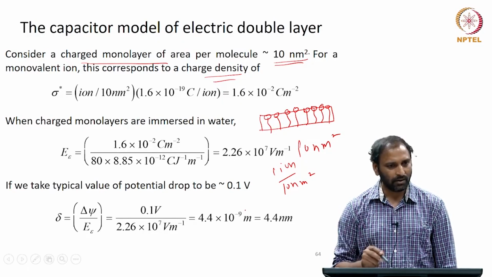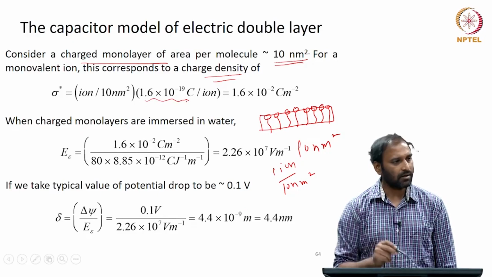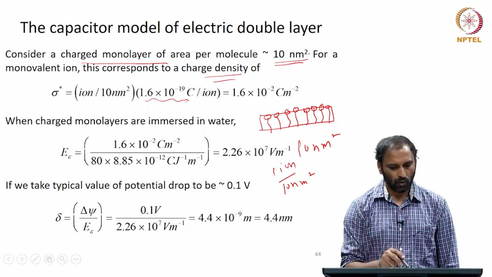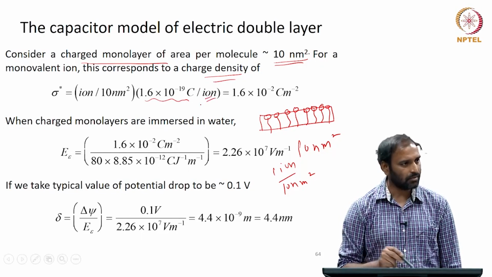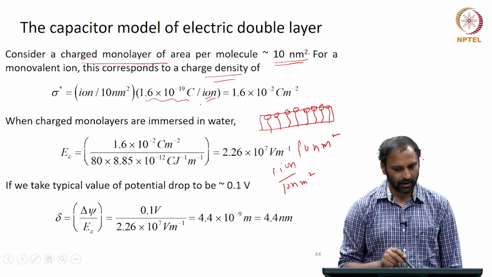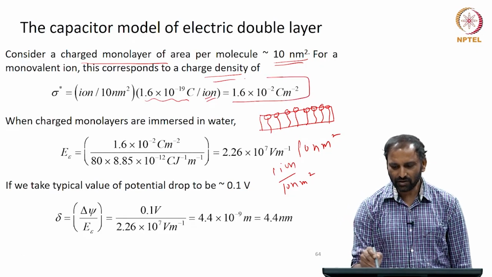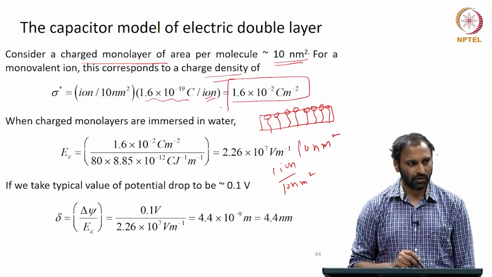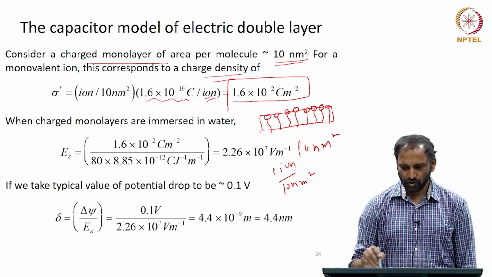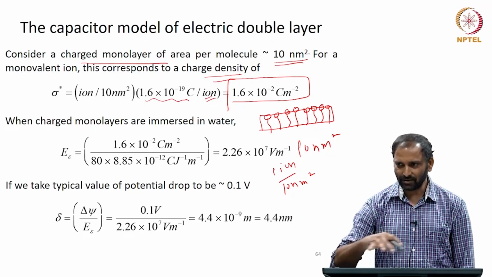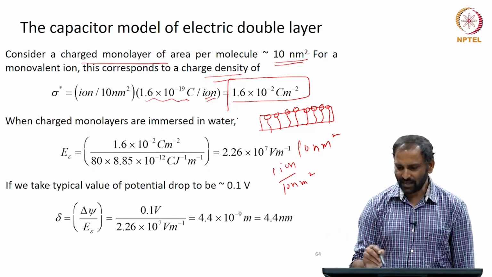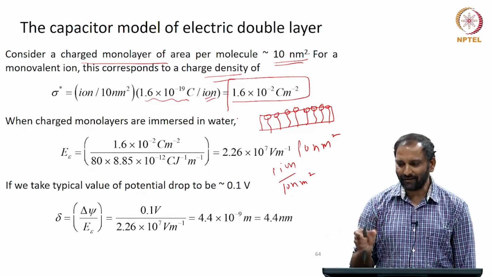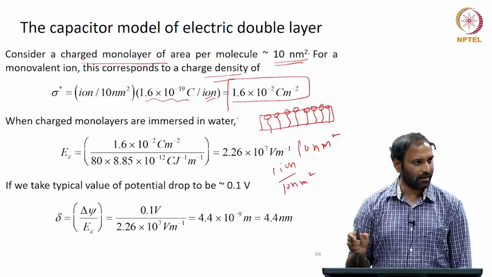If I have one ion, the charge on the ion is going to be 1.6 × 10^-19 coulombs per ion. Therefore, I can get a charge density. You should imagine that I have a monolayer of surfactant, and there is one ion for every 10 nanometer square area.